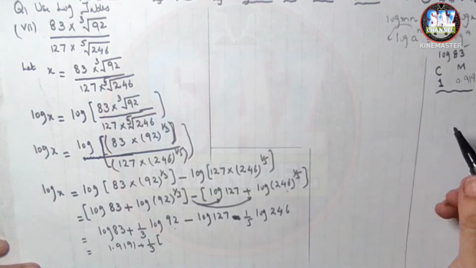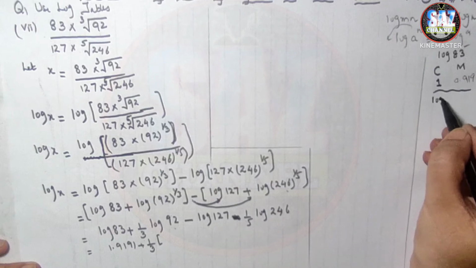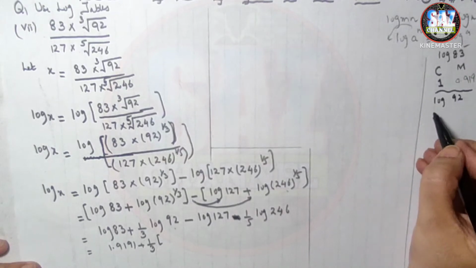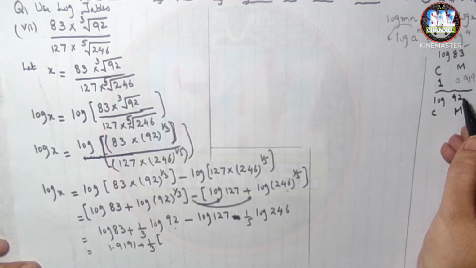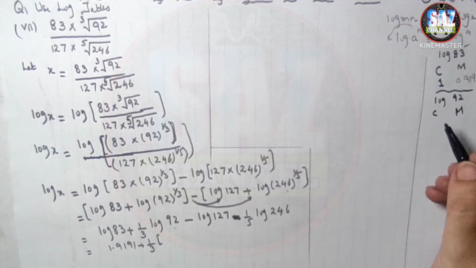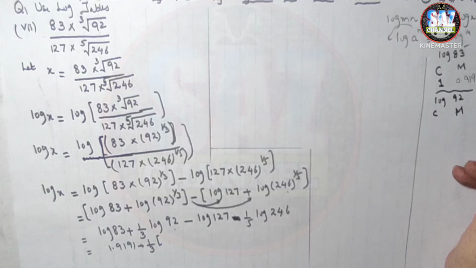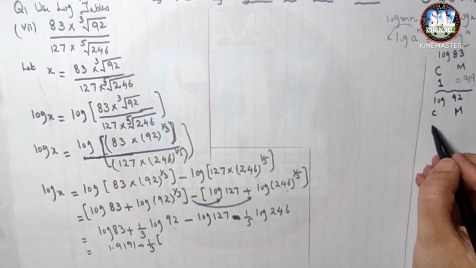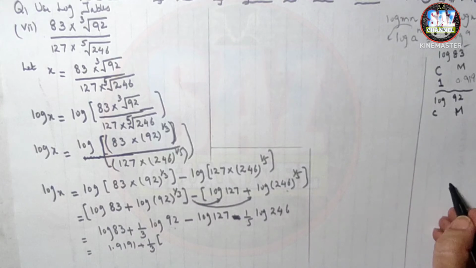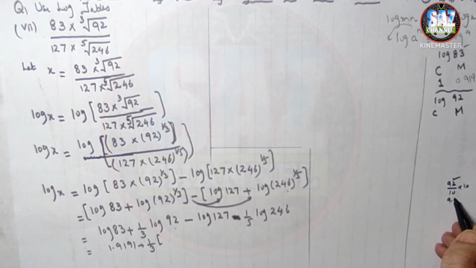Moving to the second number, plus 1 by 3 log 92. Again we have a 2-digit number, so characteristic and mantissa. We can convert it into scientific notation by multiplying and dividing by 10, giving a times 10 raised to power 1.